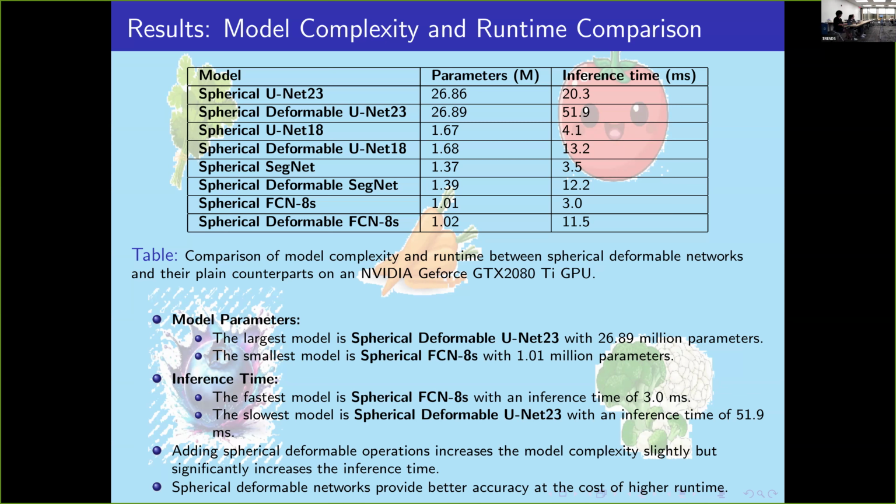So the accuracy comes at a price, but for the tasks that we're doing, when compared with classical methods, these are still significantly faster. This is sub 1 second for all of these methods. So if you compare with portions of FreeSurfer, it's much better.